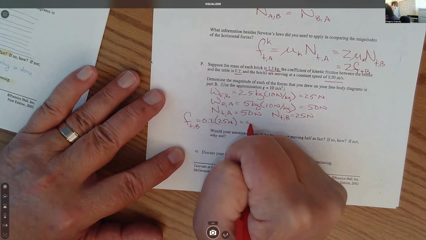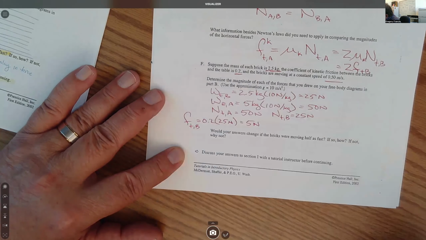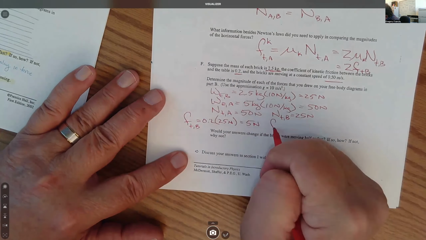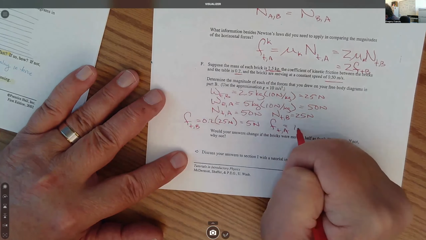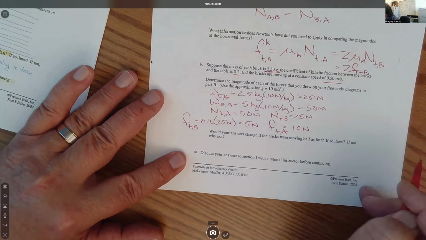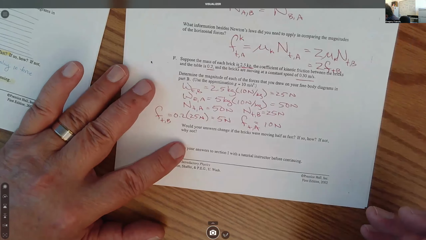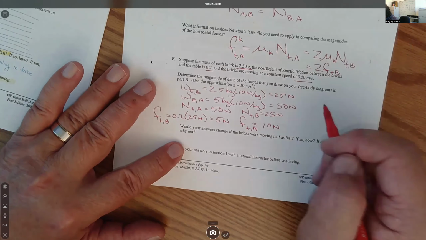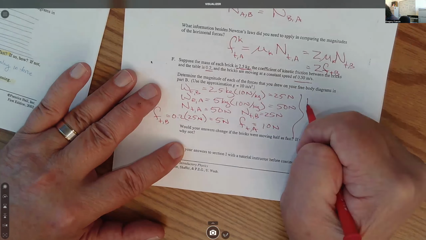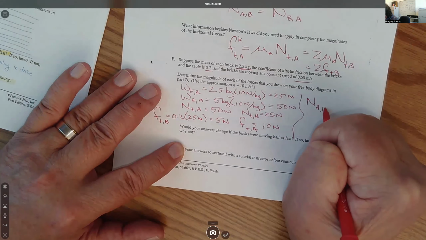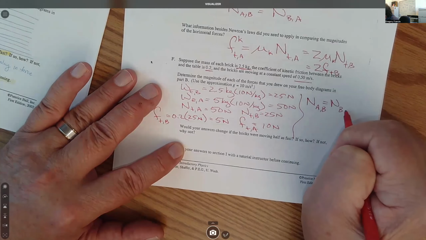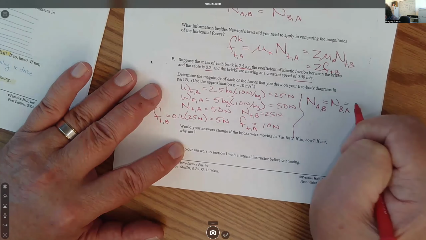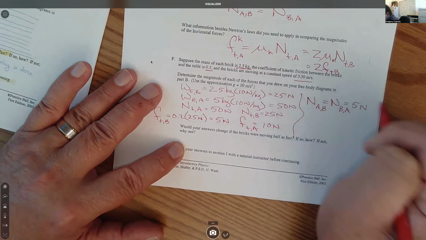And that's going to give me 5 newtons. Now the friction force by the table on A is going to be twice that big, or 10 newtons. And that means that these normal forces, A on B and B on A, are also going to be 5 newtons.